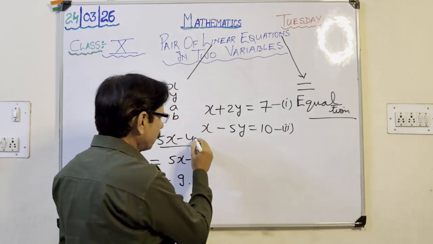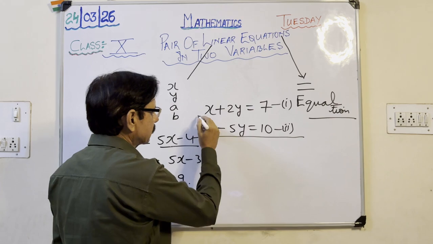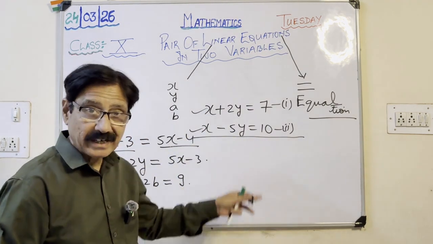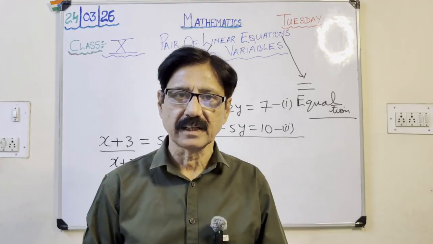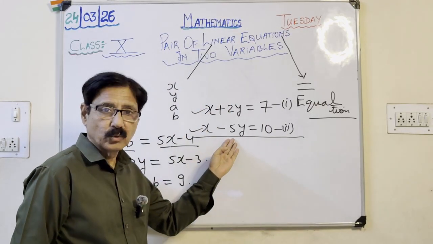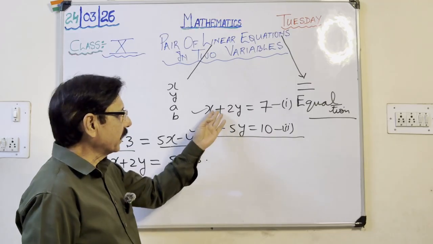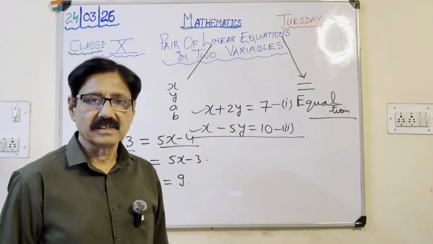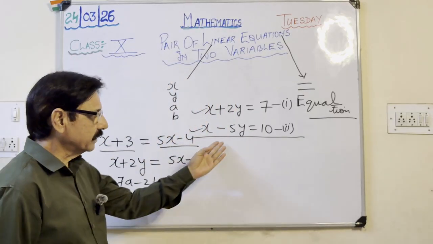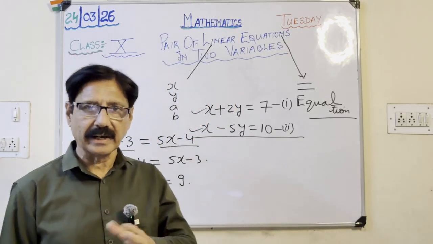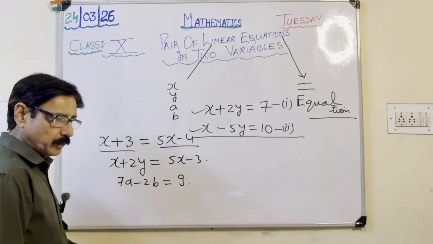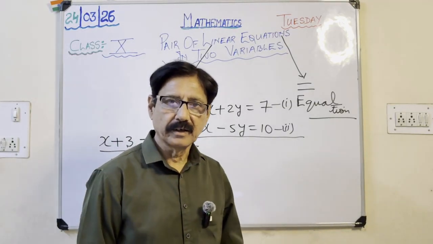So a pair of equations is there, two equations are there, or simultaneous linear equations in two variables, you can say, x and y. Here the two variables are x and y. It can be any alphabet from a to z, right? It's not necessary that only x, y or a, b or c, d. It can be any p, q, r, s, u, v, w, whatever it may be.